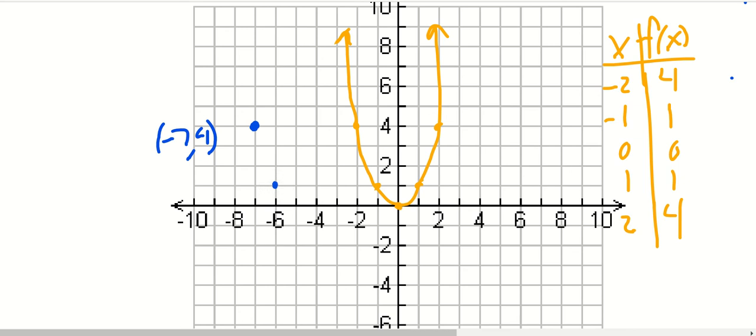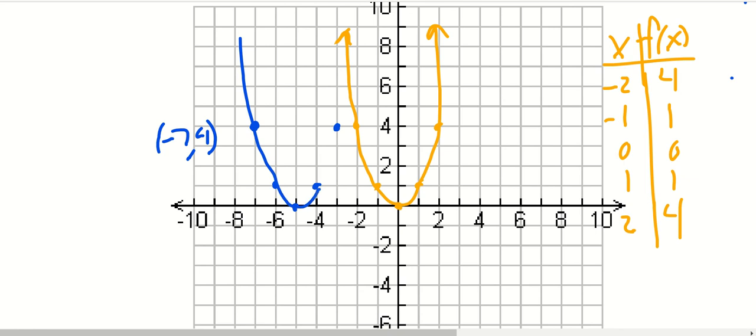The origin, which was at (0, 0), gets moved over to (-5, 0). The point at (1, 1) is now going to occur at (-4, 1). And the point at (2, 4) gets moved over now to (-3, 4).